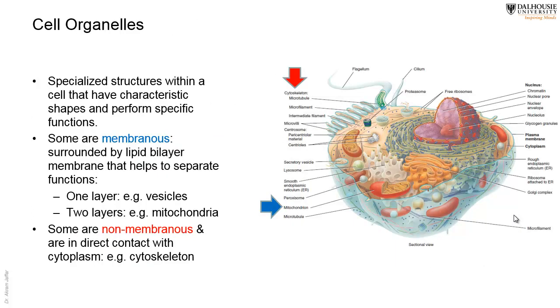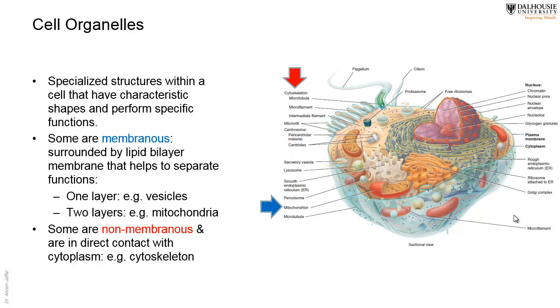Again I repeat, the cytoplasm which we are studying today consists of the cytosol and the organelles, and these organelles are specialized structures within the cell. They are subcellular structures, and most of them are membranous.